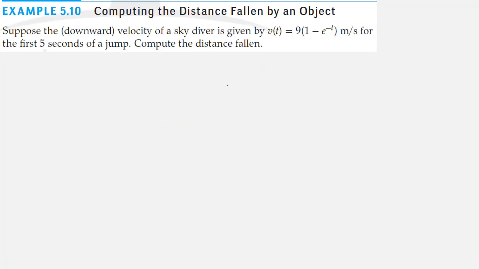computing the distance fallen by an object. Suppose the velocity of a skydiver is given by the following. So we have velocity v of t equal to 9 times 1 minus e to the minus t, for the first 5 seconds, i.e. t from 0 to 5 of a jump.